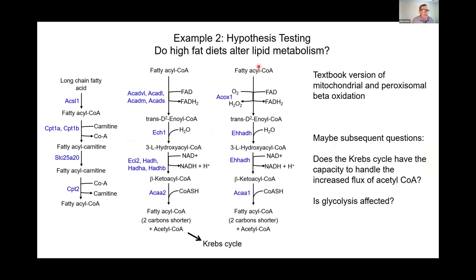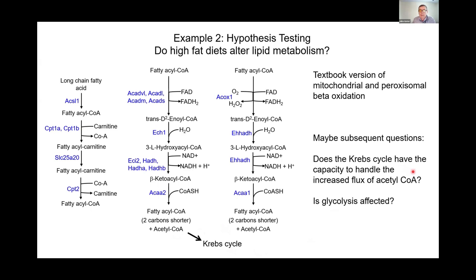Alternatively, we can pick up the textbook and put together a list of the mitochondrial and peroxisomal beta oxidation enzymes, and they're all shown here in blue. So this can be our wish list. This would be a hypothesis testing approach. As we look at this wish list, maybe some subsequent questions would come up. We produce acetyl-CoA that goes off into the Krebs cycle.